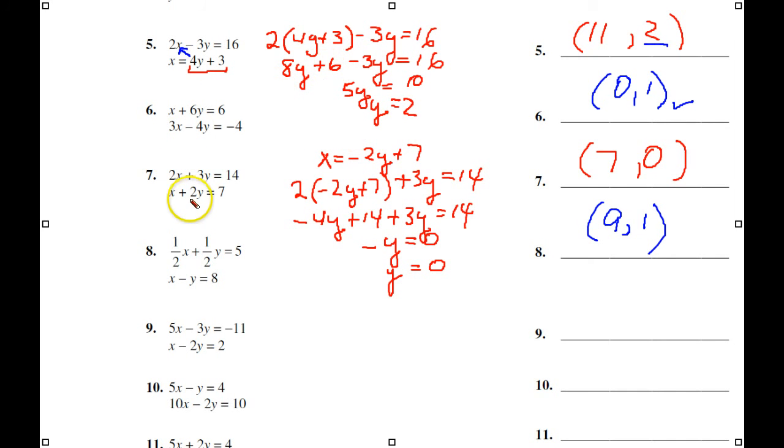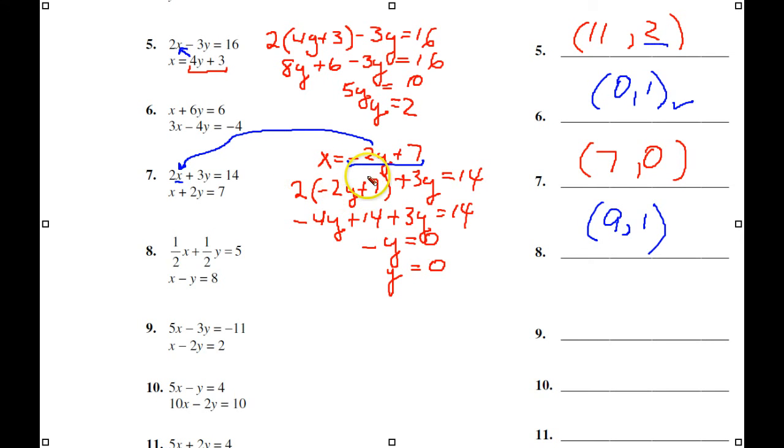And 7 now, we have run into the situation where this is in standard form. We haven't solved for x. So I'm going to transpose the 2y over to the other side, and then I get this for x. Then in the other equation, I put that for my x. This is the process of substitution.